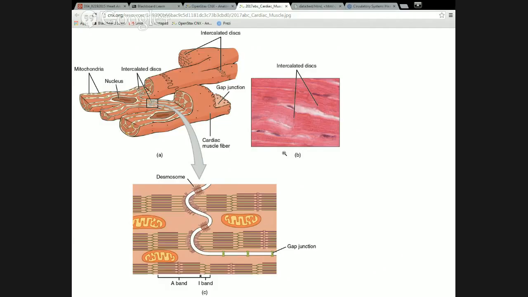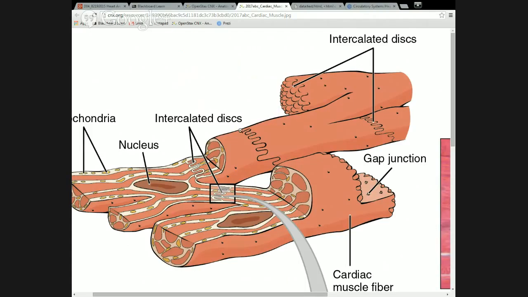Now, the other thing we can see in this picture, especially because they're pointed out, are these lines that go across the tissue, and you could certainly find better representations of that through an image search online. Those are what are called intercalated discs. They are basically where the cells come together. In the drawing up here, the intercalated discs are represented here.